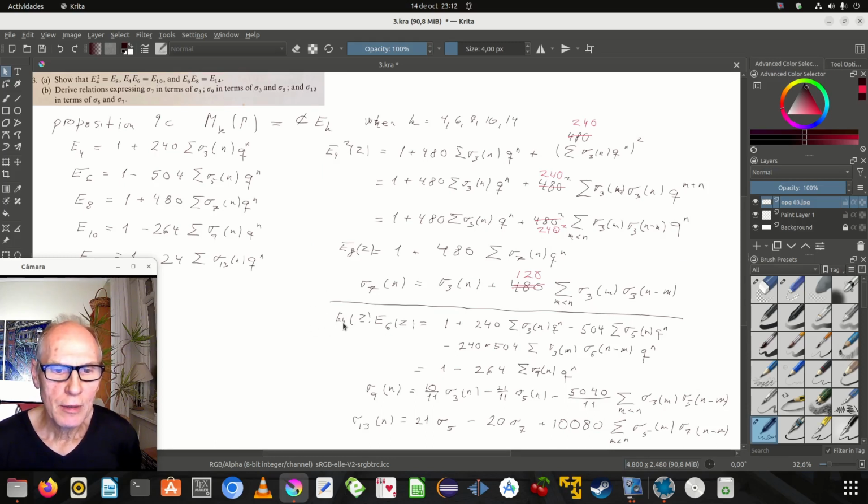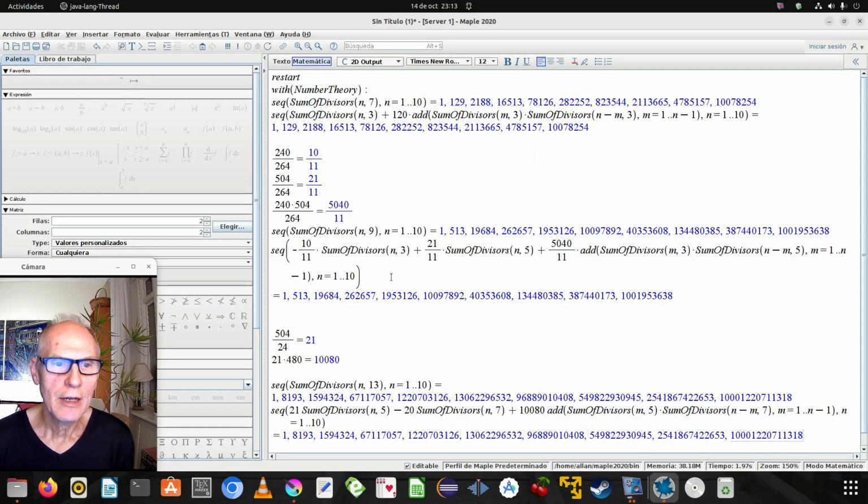And I repeated the process with E10, the modular form of weight 10, and got this formula, and then by analogy I could write up the formula for sigma 13, and both of them tested out well.